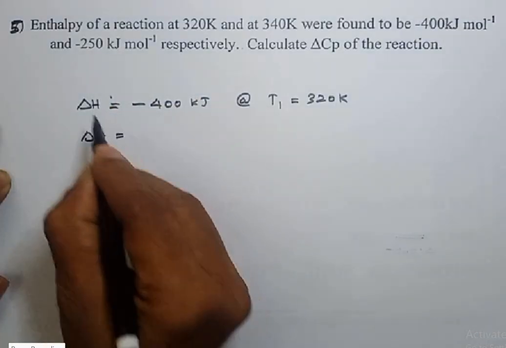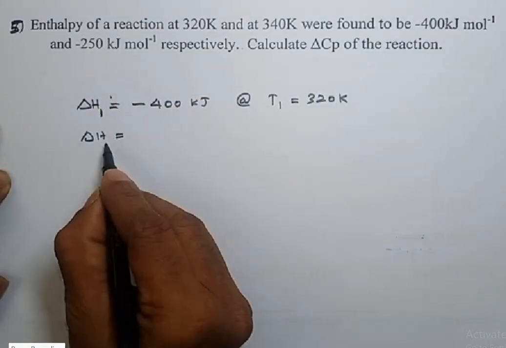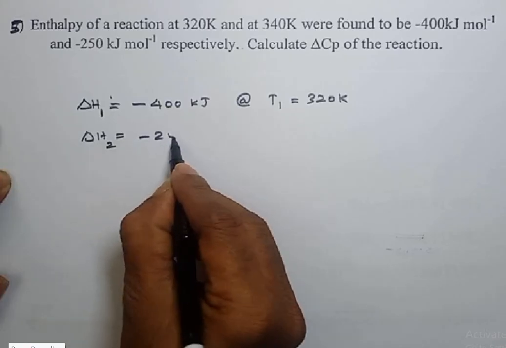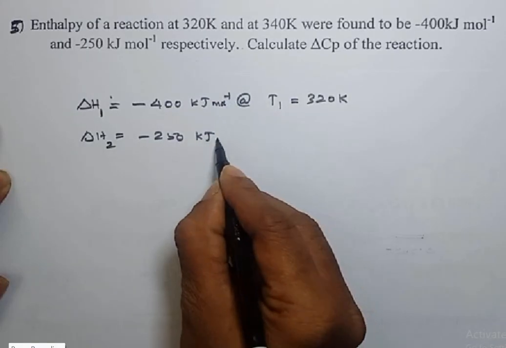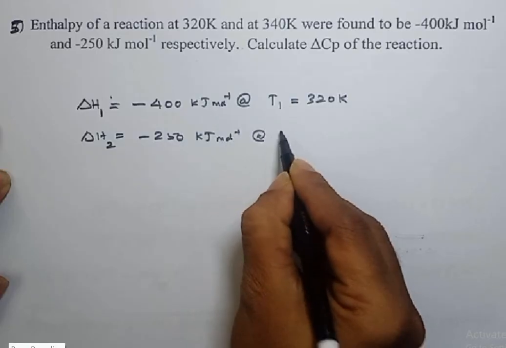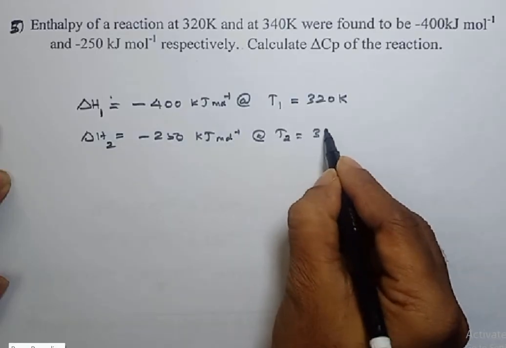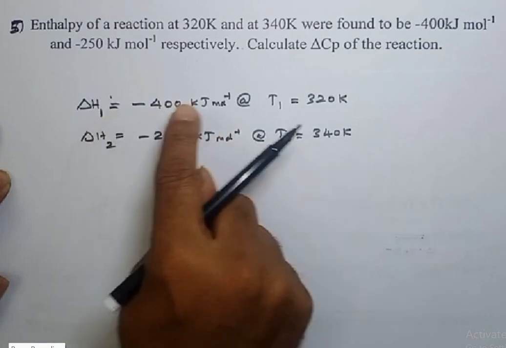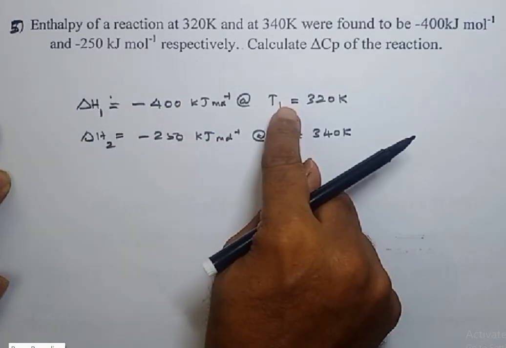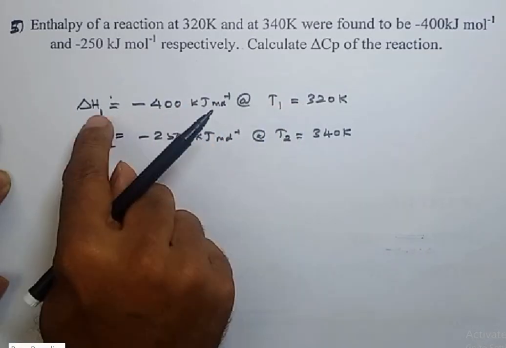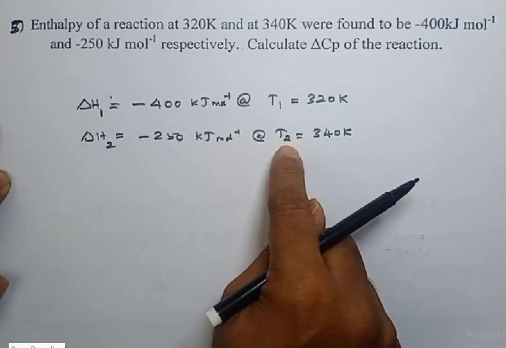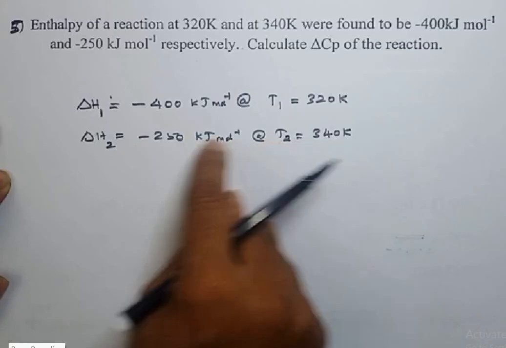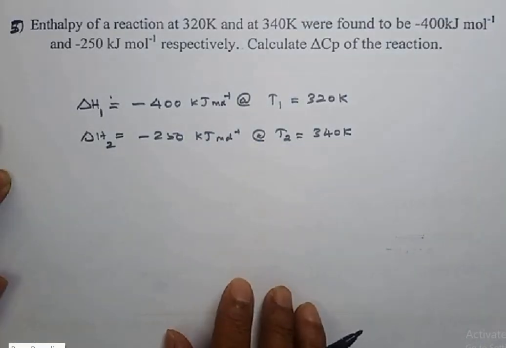Let me take this as delta H1 and this is delta H2, which is minus 250 kilojoule per mole at a temperature of 340 Kelvin. So I took this temperature as T1, and at T1 the enthalpy change I took as delta H1. Similarly, at another temperature T2, I took the value as delta H2.